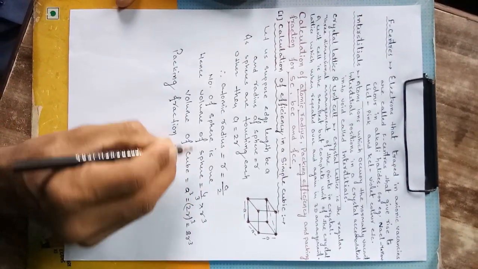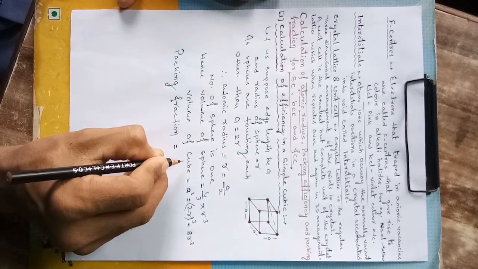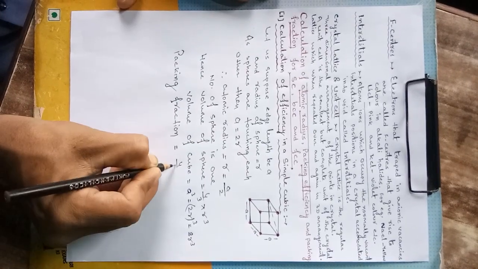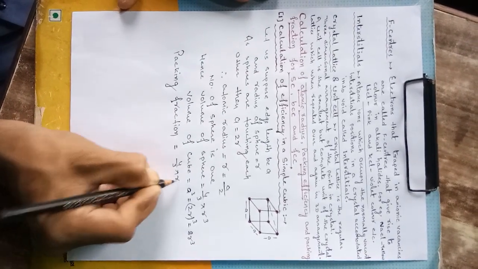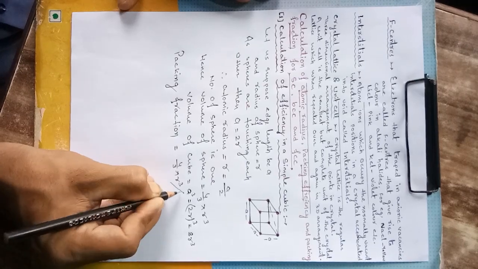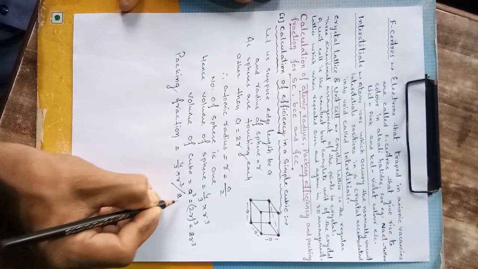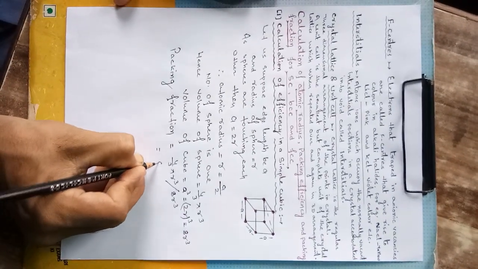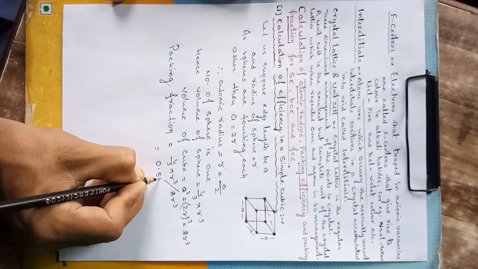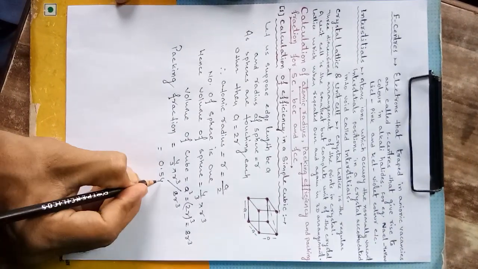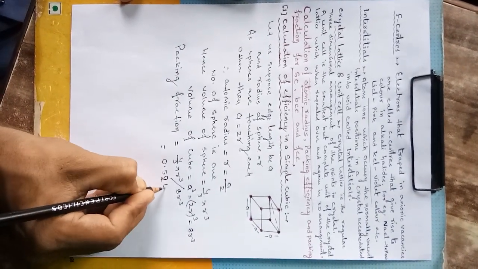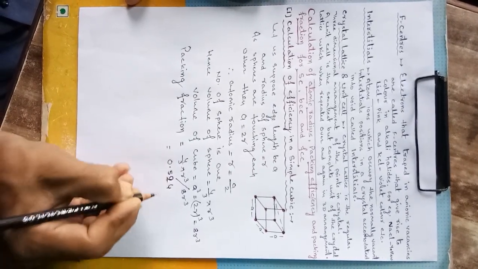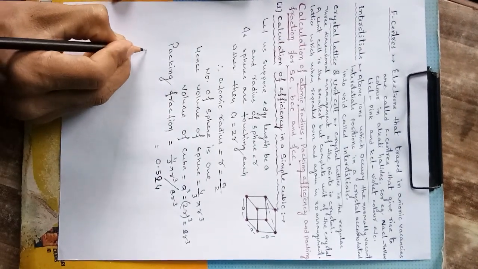This is spherical volume divided by cubical volume, that means 4 by 3 pi r cube divided by 8r cube. Then approximately this is 0.524, approximately we are getting 0.524.